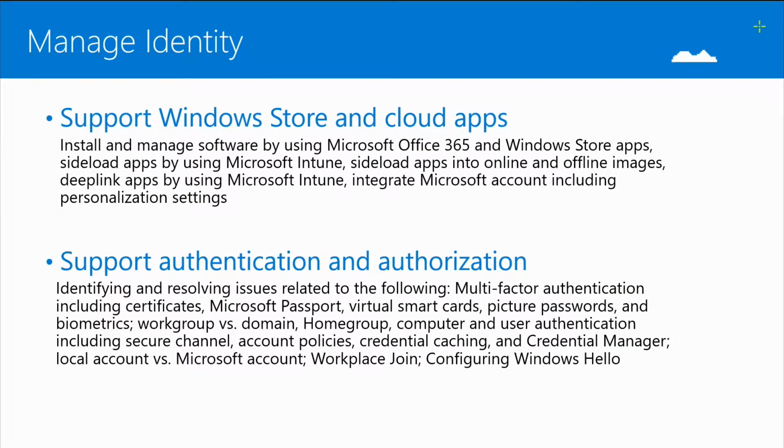So today's modern world, where Windows 10 and other Windows devices are likely to operate, is very much part of that cloud-orientated world, but also is likely to be part of an on-premises world as well.